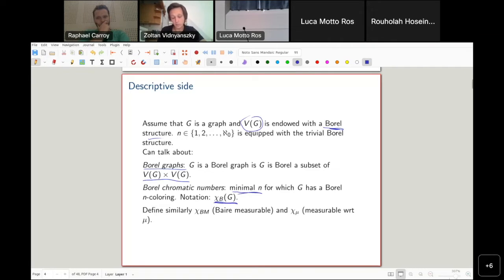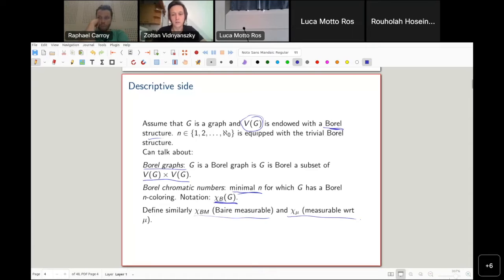And similarly, if the underlying vertex space is Polish, then we can ask what the Baire measurable chromatic number is, or if there is a measure mu on it, we can ask what the measurable chromatic number with respect to mu is.